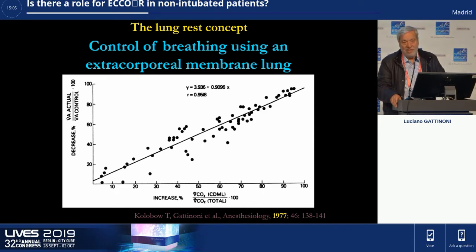Kolobov was a genius, meaning he was ahead of our thinking by at least 15, 20 years, the first to speak about the damage of mechanical ventilation and so on. The extracorporeal membrane lung was already a failure, the ZEPOL study.